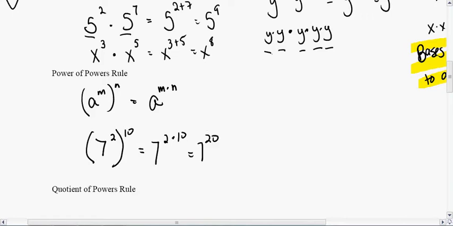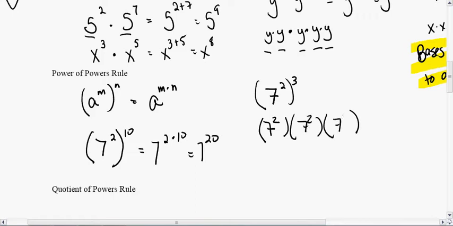And why that works is really just a shortcut of the product of powers rule. So say I was doing a slightly smaller one, 7 squared, and I was cubing that. What that means is that I've got 7 squared times itself 3 times, right? 7 squared times 7 squared times 7 squared. That's 7 squared cubed. Well, now I could just use the last rule we talked about, where I add up the exponents, right?